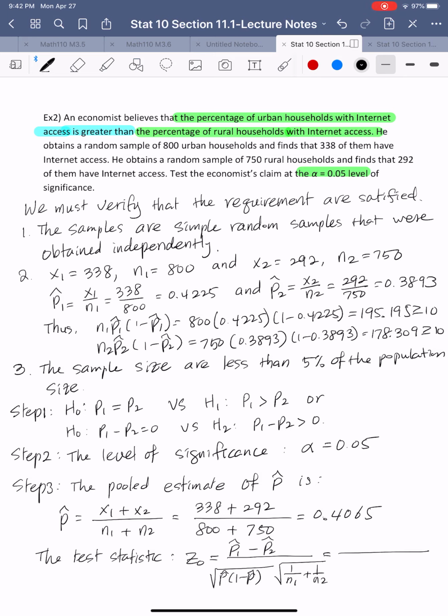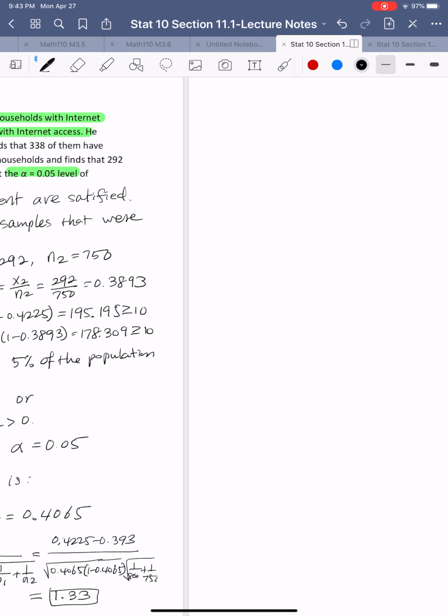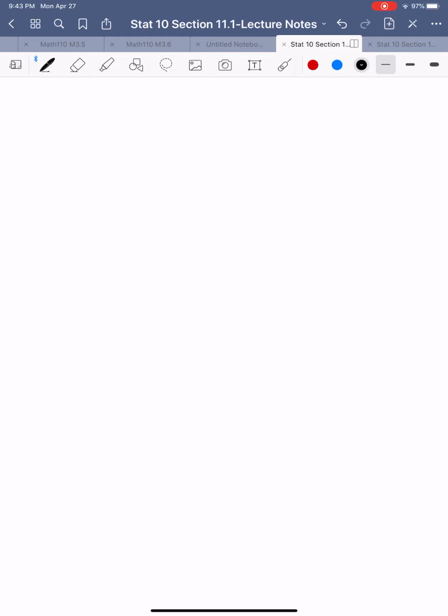When you plug it in, 0.4225 subtract 0.3893 over the square root of 0.4065 times 1 minus 0.4065 multiplied by 1 over 800 plus 1 over 750, when you compute it out, I got 1.33, which is what I need to remember. All right, I don't have enough space. Oh, I do have a next page. Okay, it's empty. All right, so now on the next page, I want to do the classical approach.